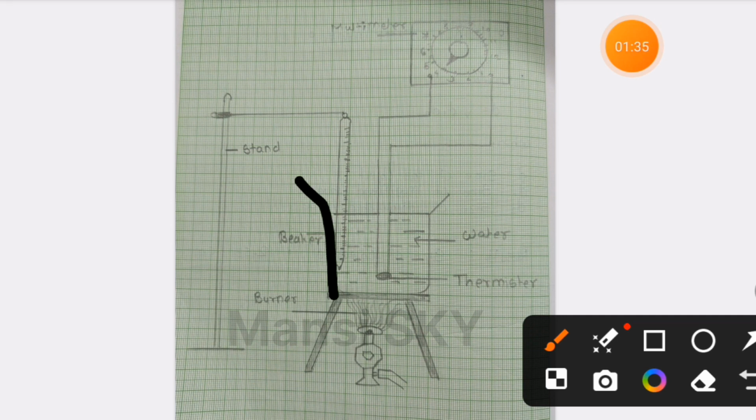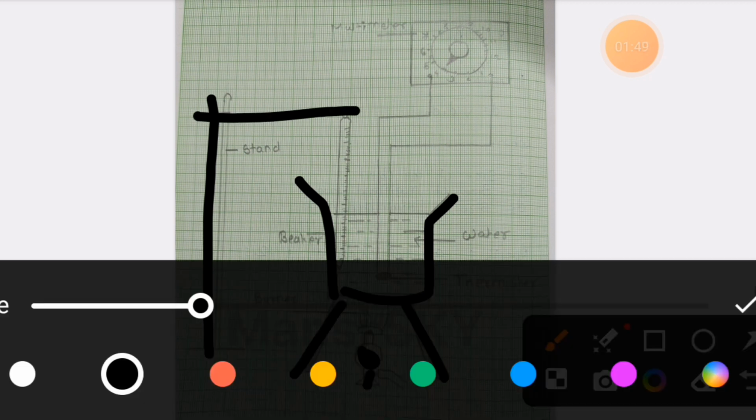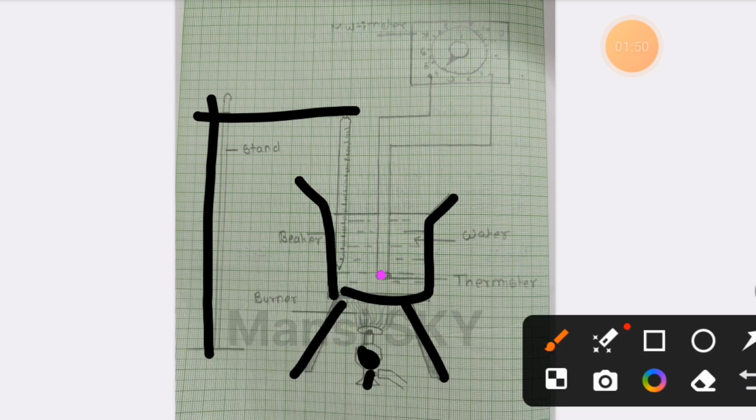We have a beaker, then we have the stand, then we have the burner. These are very essential things in the physics laboratory. Then, very important, we have three things: first is our thermistor, then we have our thermometer, and then we have our digital multimeter, which is called DMM, or simply a multimeter.